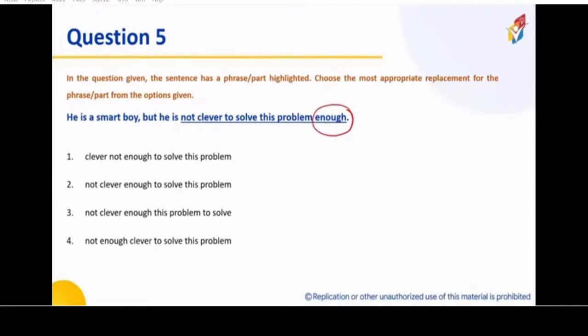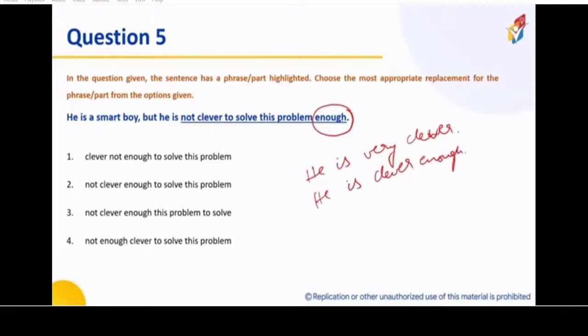So you can say something is not enough when it is used probably in that sense, but when you talk about enough being an adverb, it comes immediately after the adjective, not before. For example, look at this. He is very clever. But you do not say he is enough clever. You say he is clever enough.